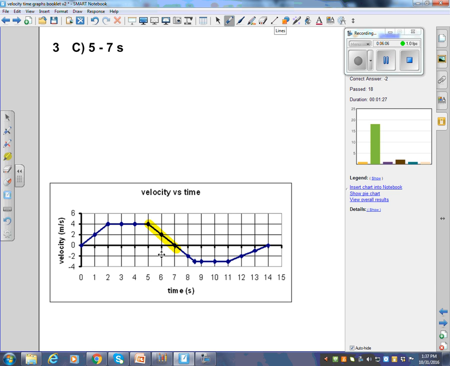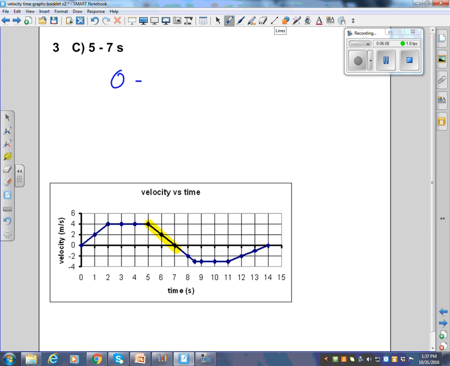The y value is 0, so this is going to be 0 minus 4, and the x's are from 7 to 5, which is minus 4 over 2, or minus 2 meters per second squared. You're finding the slope. The slope of the velocity time graph is the acceleration. Minus 2.